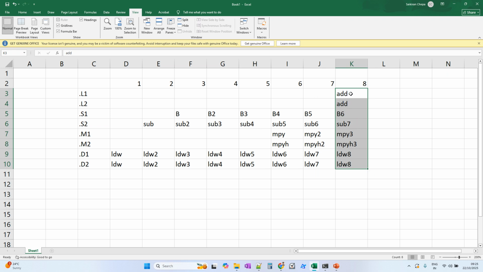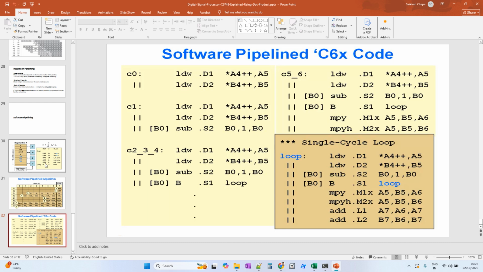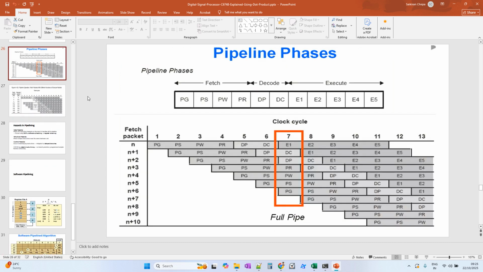If you are not seeing 8 instructions in parallel, then we have to tweak our linear assembly such that the 8 instructions in parallel can come, or we can even optimize the C code and then see the generated assembly, and see if 8 instructions are coming in parallel or not. When 8 instructions come in parallel, then only these stalls will not be there.